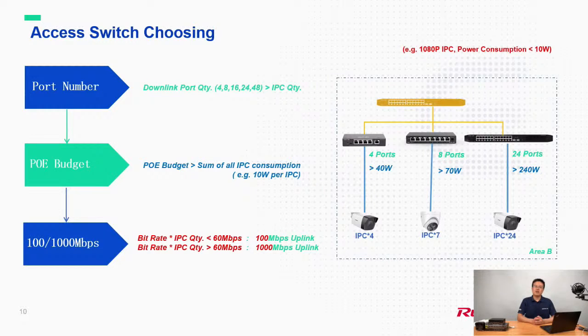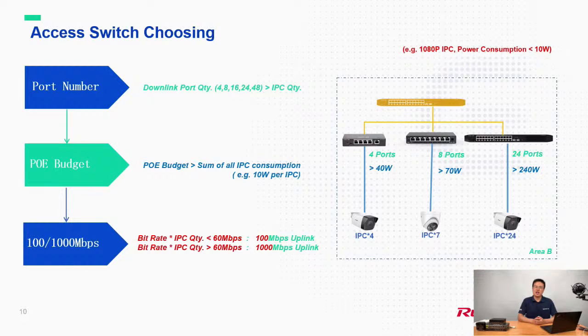The third condition is: for 100 Mbps and 1000 Mbps switches, which one should we choose? We have a calculation, shown here in red words in the presentation. For the bit rate by IPC, for the IP camera quantity, if it's less than 60 Mbps, we should choose a 100 Mbps uplink switch.